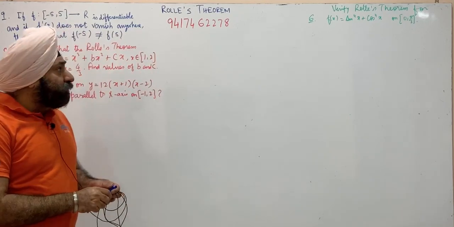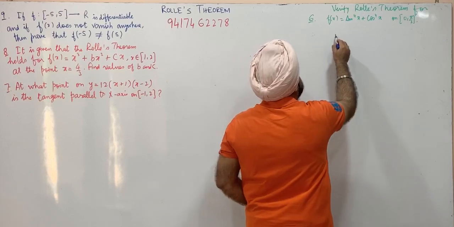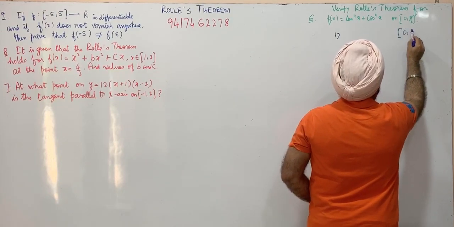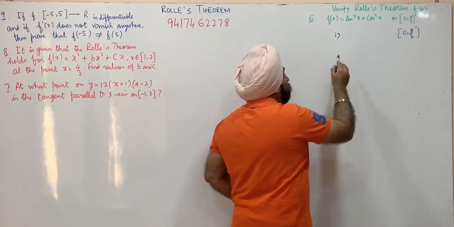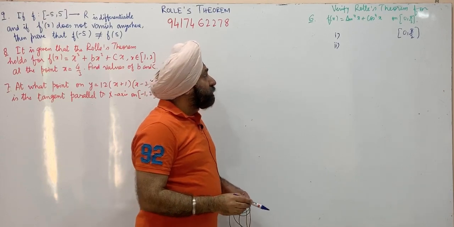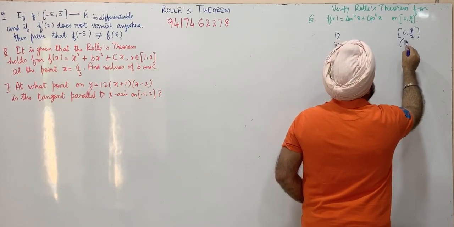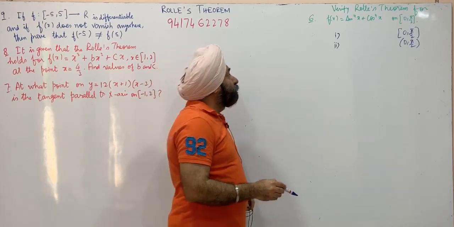Being a sum of two continuous functions, it is continuous everywhere, in particular for the closed interval 0 to pi by 2. Similarly, f of x being a sum of two differentiable functions is differentiable everywhere, in particular for the open interval 0 to pi by 2.